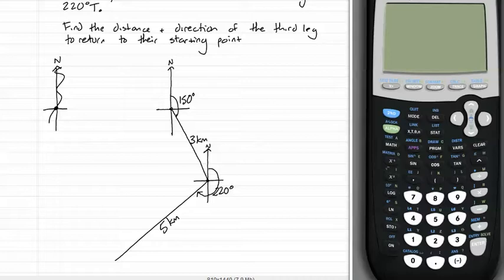You can see what we want in our answer. We want to find the distance back to our starting point, but we also want to find the bearing that they have to walk along to get back to their starting point.